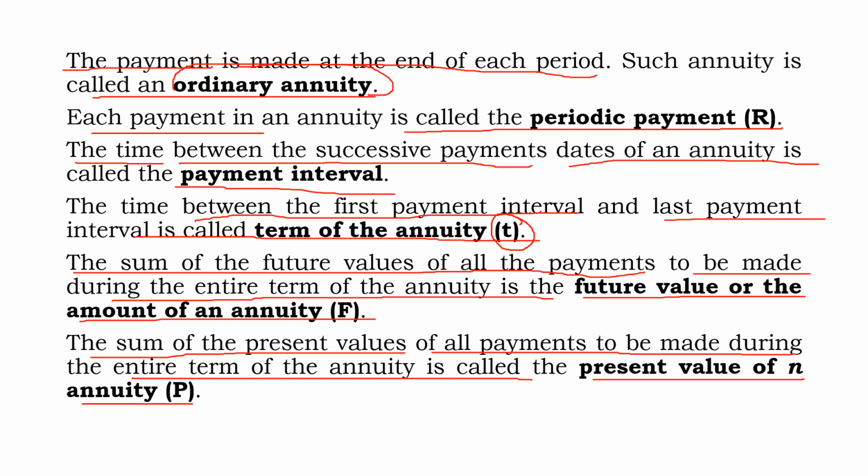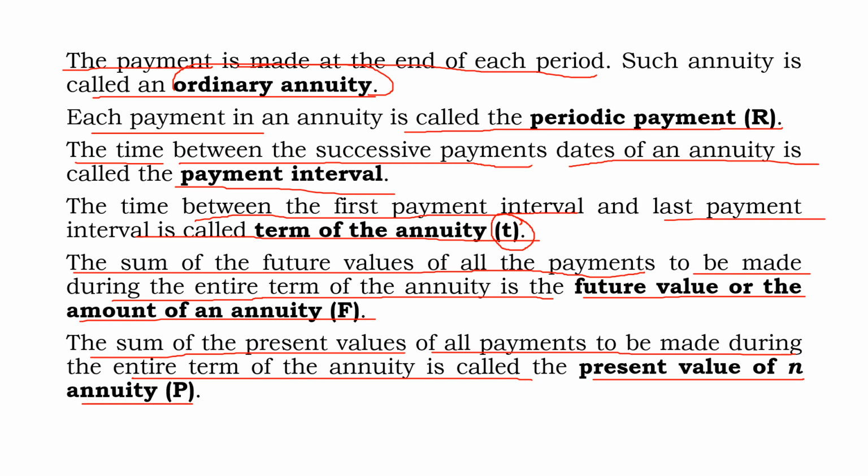Meaning to say that there is no interest being applied on this one. So whatever the principal that this borrower needs to pay the lender, without the applied interest on it, that is the present value of an annuity.